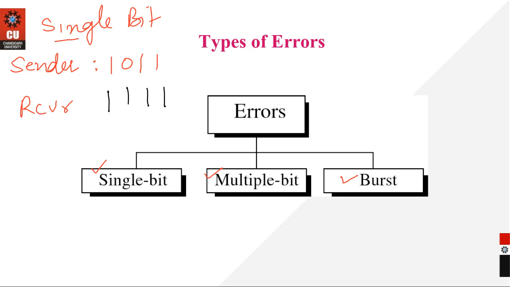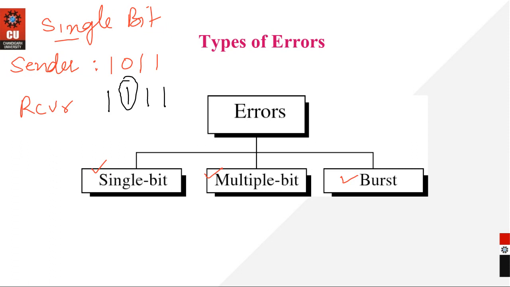So now tell me how many bits of data are corrupted on the receiver side? How many bits are impacted due to noise or due to any number of reasons that we have got? How many bits are impacted? There is just one bit which is impacted due to noise. That is your second bit, right?